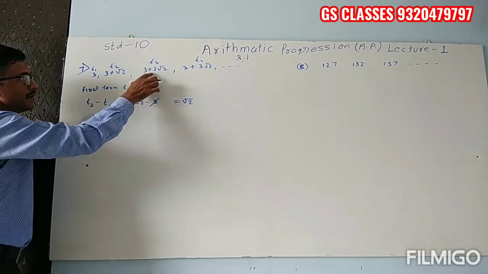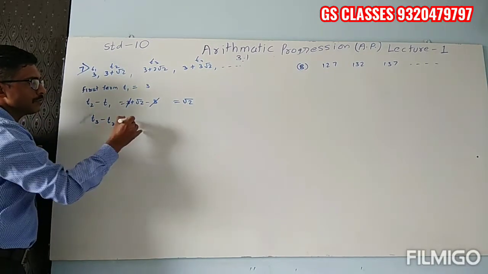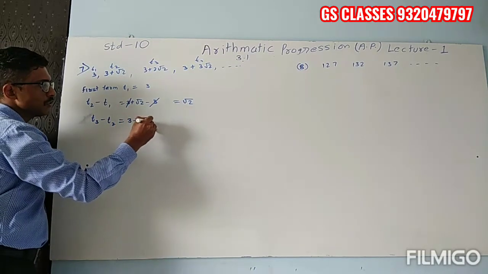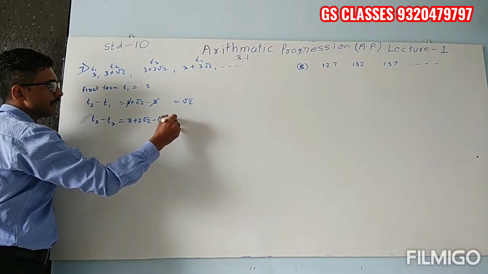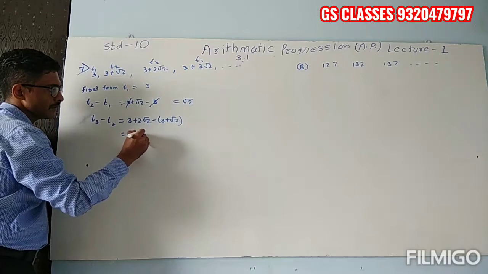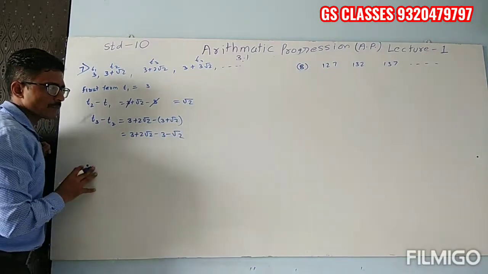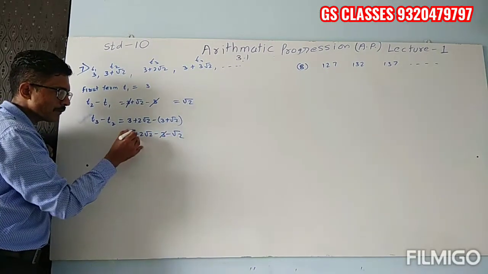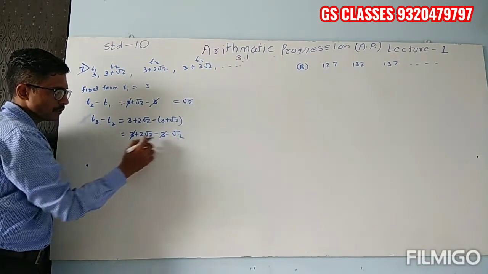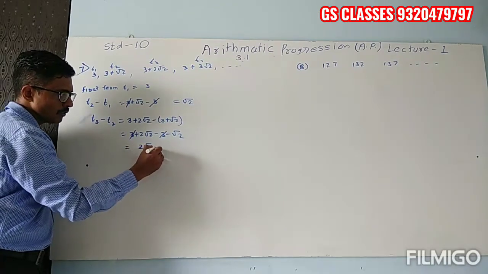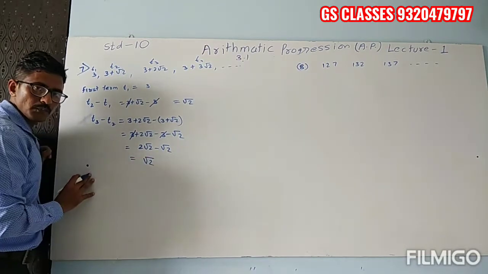Similarly, T3 minus T2 is going to be 3 plus 2 root 2 minus of 3 plus root 2. That is 3 plus 2 root 2 minus 3 minus root 2. Minus 3 and plus 3 will get cancelled. 2 root 2 minus root 2 is going to be only root 2.